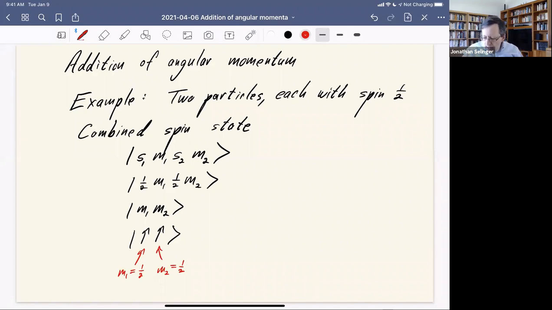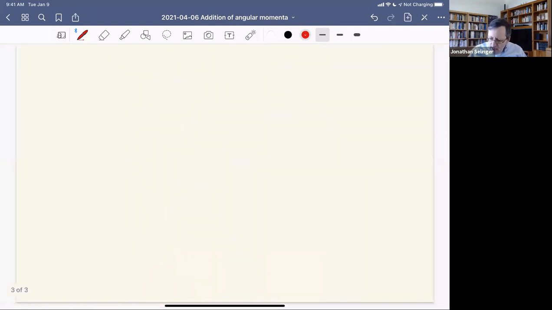Now we could ask, how many possible spin states are there? The first particle can be up or down. The second particle can be up or down, that is to say spin up or spin down. So there are 2 times 2, that's 4 possible spin states. Let's make a list of all the spin states.